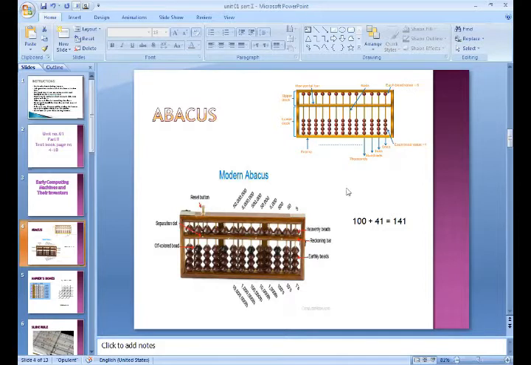Okay, how can we calculate on the abacus? You see, 100 plus 41 equals 141.